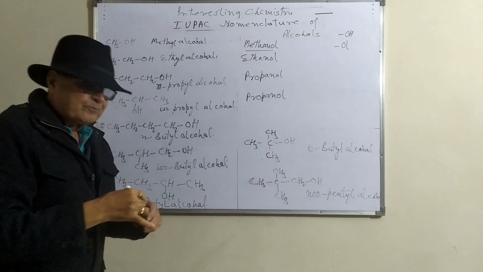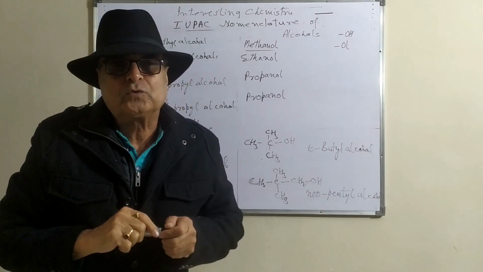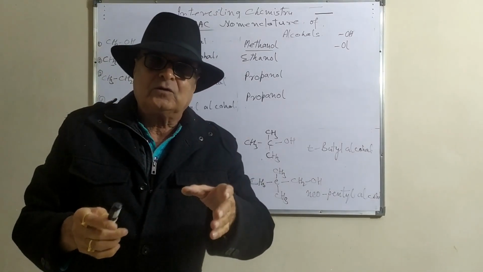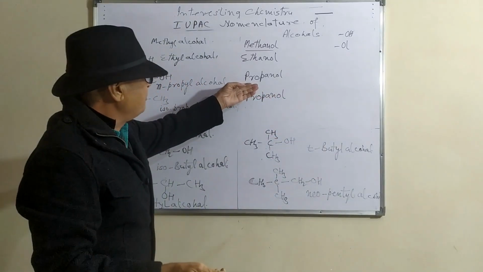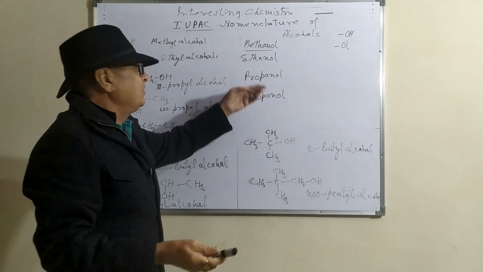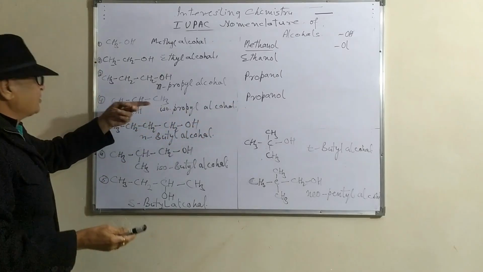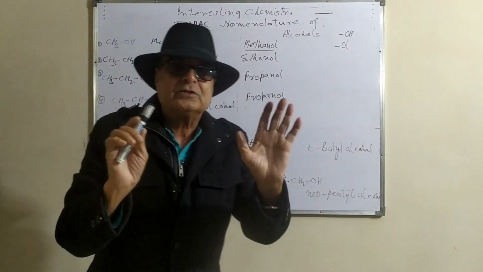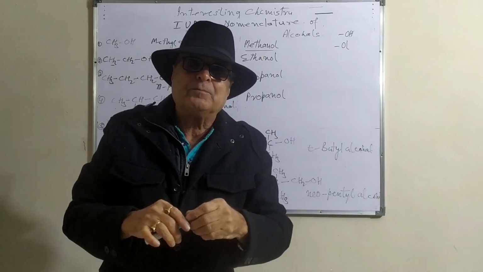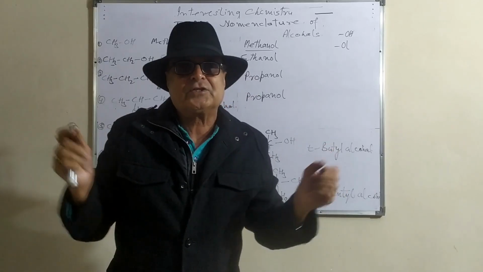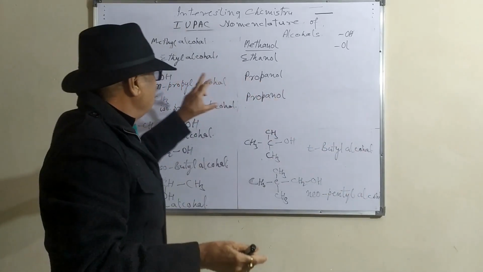But one thing: in IUPAC, there cannot be two structures with the same name. I have written propanol here, and this is also propanol, but they have different structures. It is impossible to have a single name for a compound with two different structures. So how will you distinguish these two compounds?